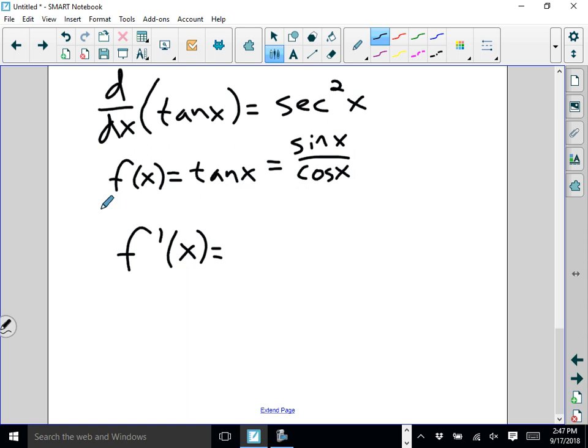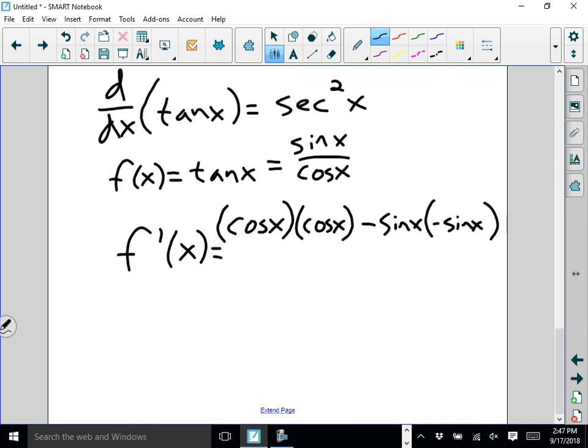Right, so I want to do the derivative of the top, which is cosine x, times the bottom, which is cosine x, minus the top function, sine of x, times the derivative of the bottom function. Well, the derivative of cosine is negative sine, so I'm going to write times negative sine x. And I'm going to divide this whole thing by the bottom function squared.